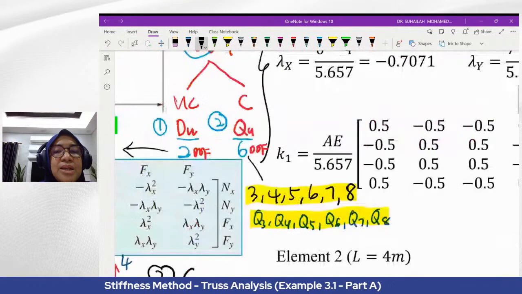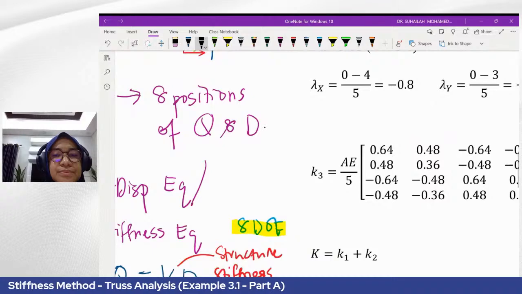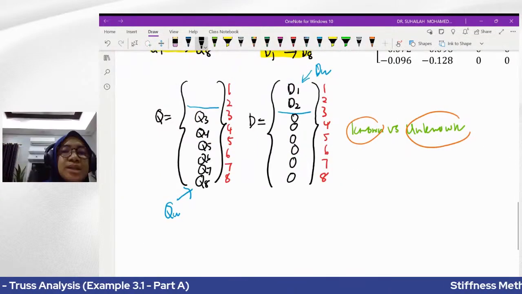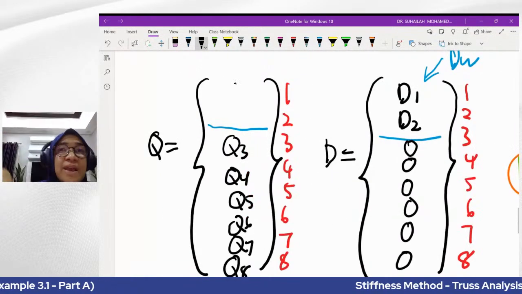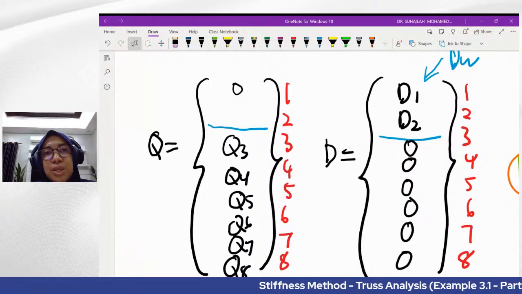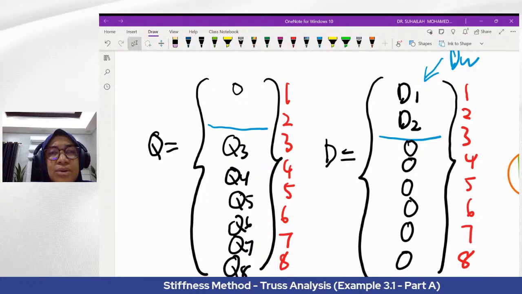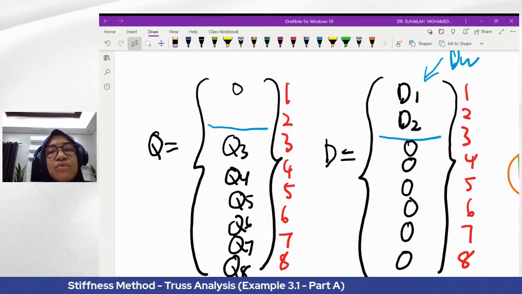Q1 equal to 0. It is a non-value, but it is a 0 value.